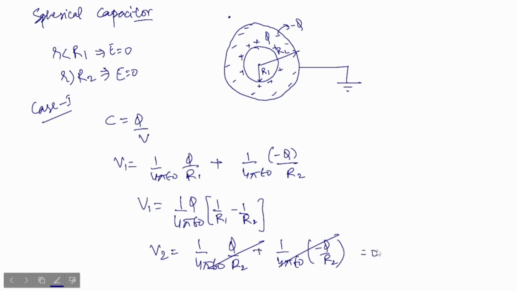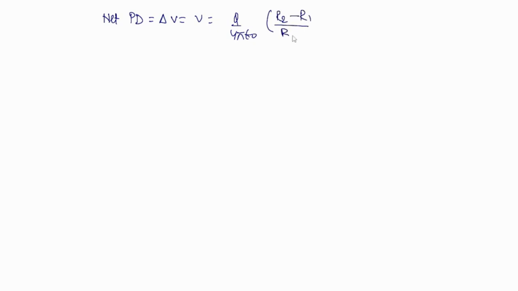V2 will come out to be 0. So the net potential difference, delta V, is V1 minus V2. Actually V2 is 0, so the value of V1 will be the net potential difference: Q upon 4 pi epsilon naught times 1 by R1 minus 1 by R2. If you take LCM, it will be R2 minus R1 upon R1 R2.